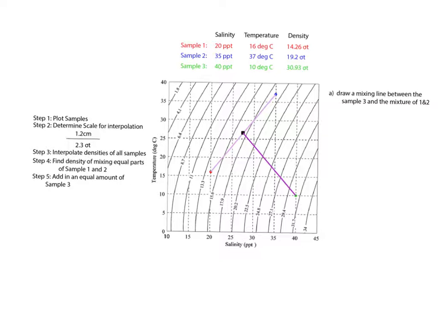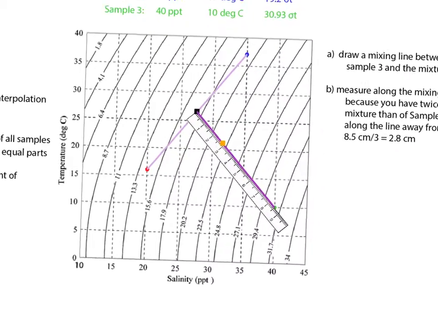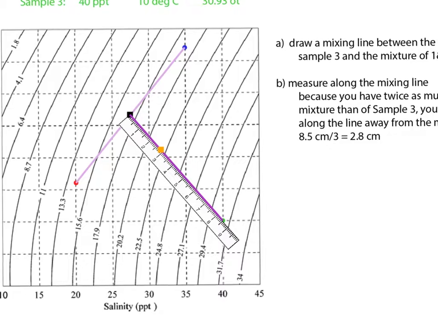And it turns out, if we do the math, 100 milliliters of sample 3 added creates a total of 300. So we can just take 100 divided by 300 and we get 1/3. So we know we have to measure 1/3 of the way along the line. So once again, we get out the ruler, we measure the entire length of the line, which in this case is 8.5 centimeters.